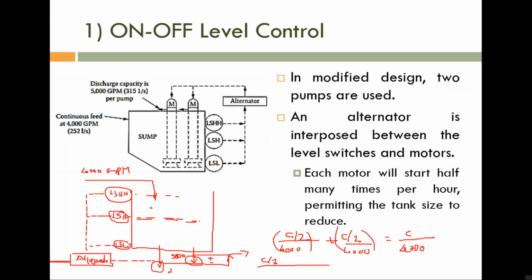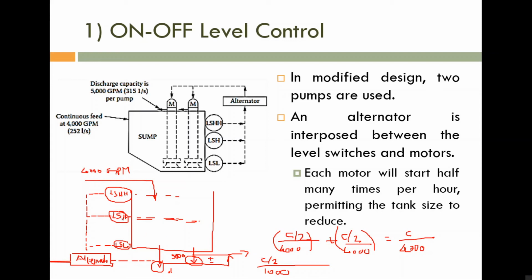So the difference is 1000, means 1000 gallons are removed per minute. So the time required to reduce the level from LSHH to LSH is C by 2 divided by 1000. During that time this pump is operated.